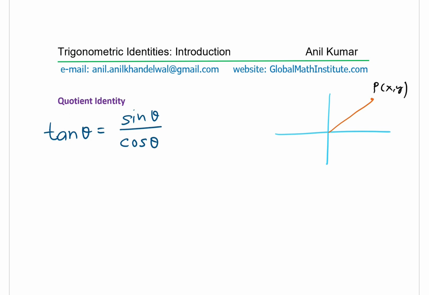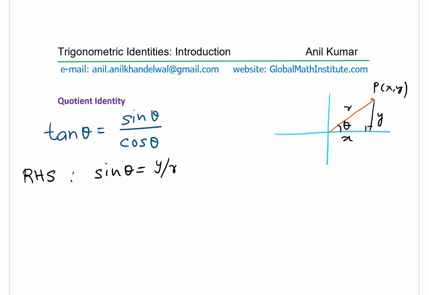Now, if I begin with the right-hand side, which is more complicated, we know what sine theta is. Sine theta is basically equal to y over r. Correct? This is r, that is y, and this is x. Correct? For the angle theta, as we saw.